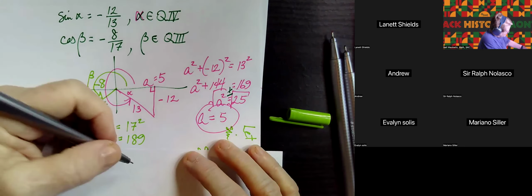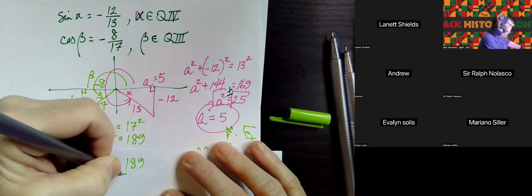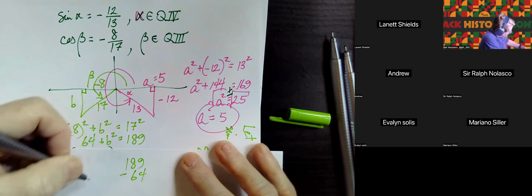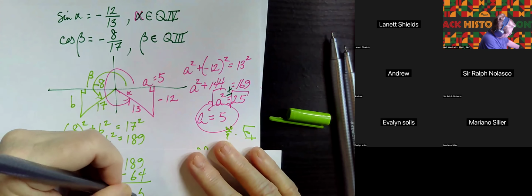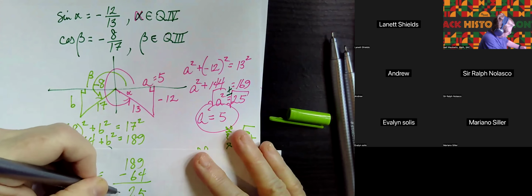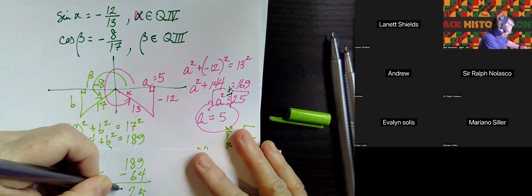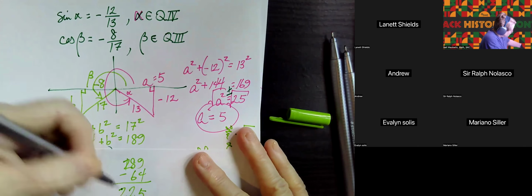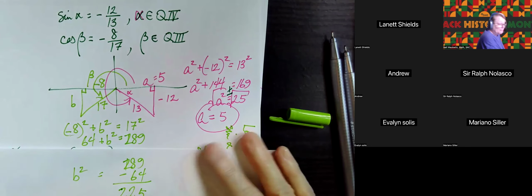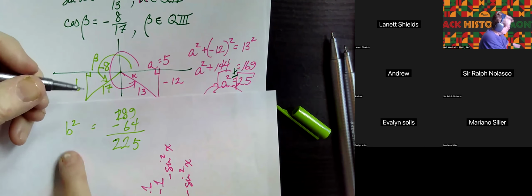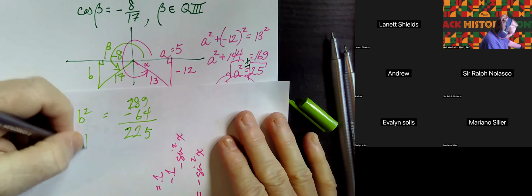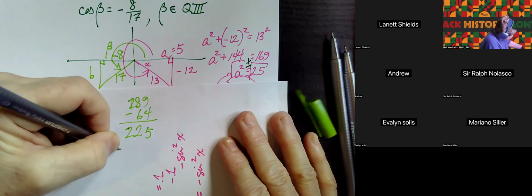So we have 289 minus 64 is b squared, because b has to be 15. Okay, so we've got that b squared is 225.